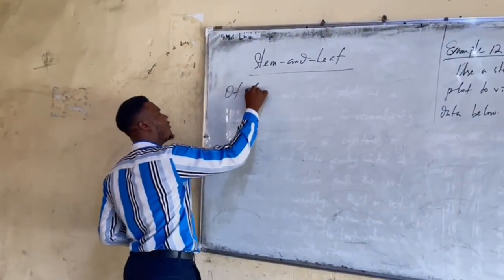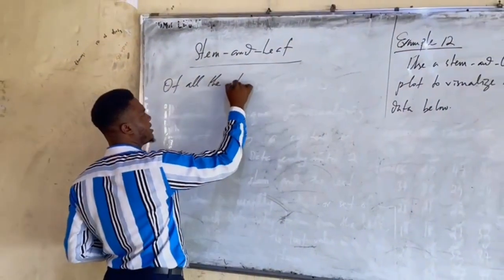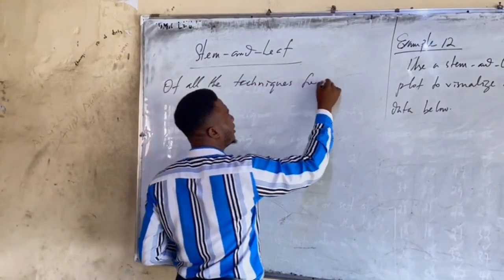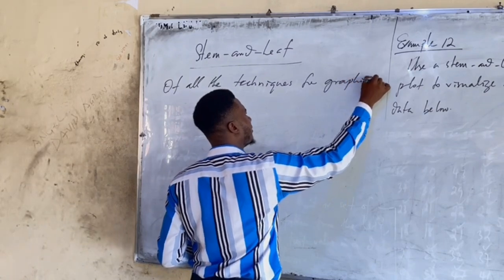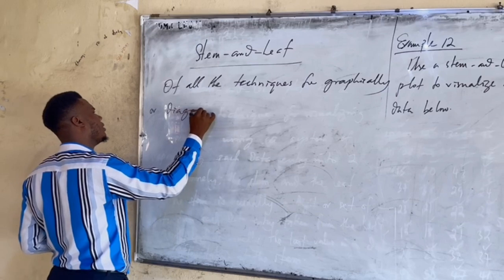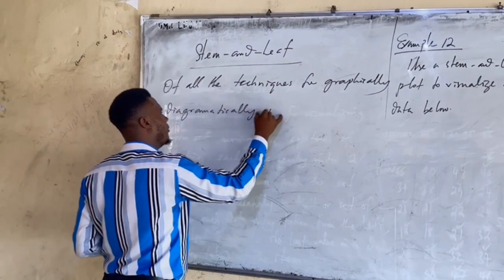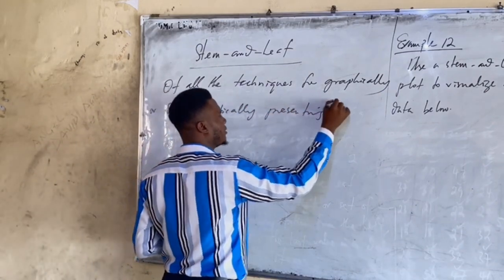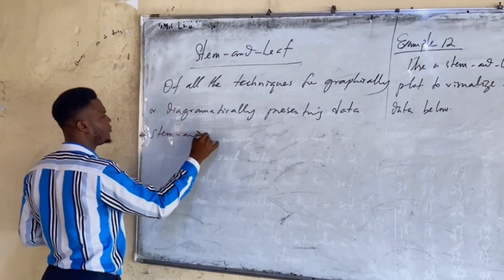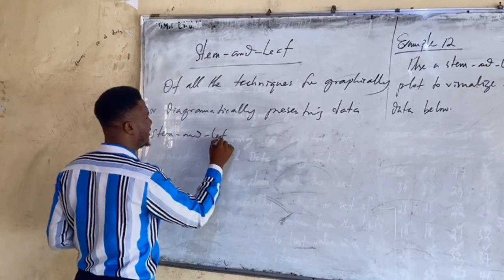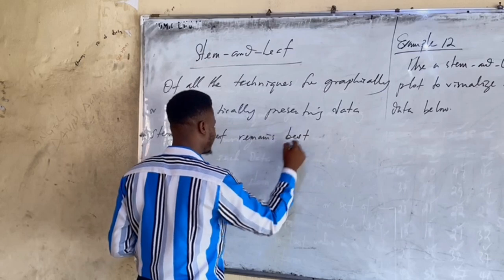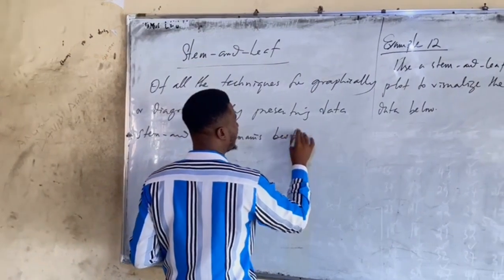Of all the techniques for graphically or diagrammatically presenting data, stem and leaf remains best for the following reasons.